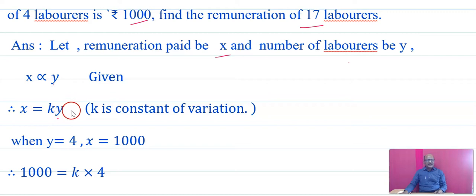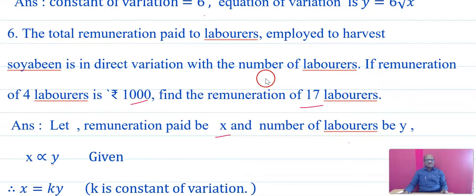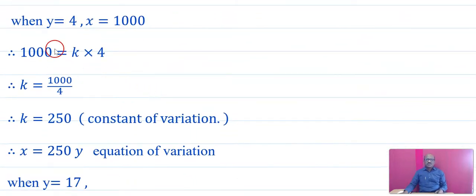We have given that there are 4 laborers and the remuneration given is 1000. So y = 4 and x = 1000. Therefore, 1000 = k × 4. Therefore, k = 1000/4, and hence k = 250. This is the constant of variation. Therefore, x = 250y. This is the equation of variation.